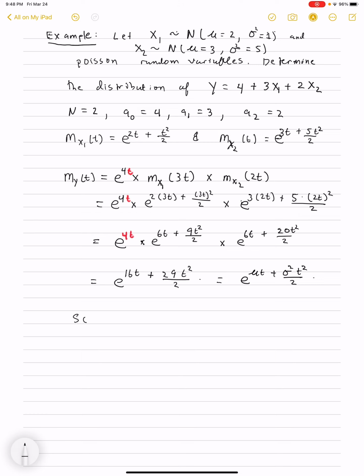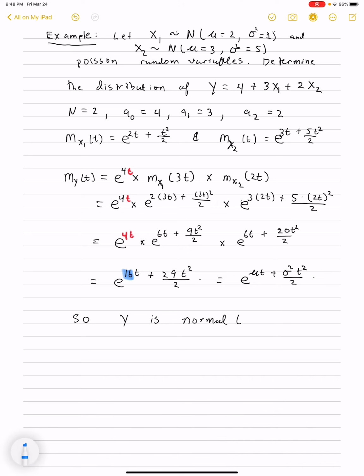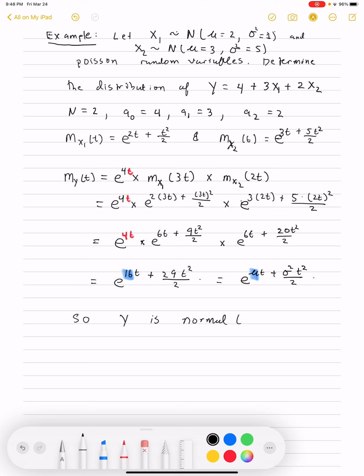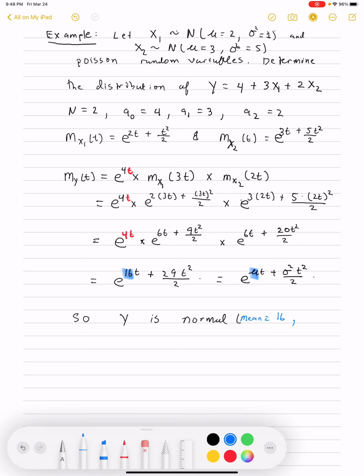So we'll conclude y is normal, and its mean is this 16. So I'll put mean equals 16. Then it has a term of variance.